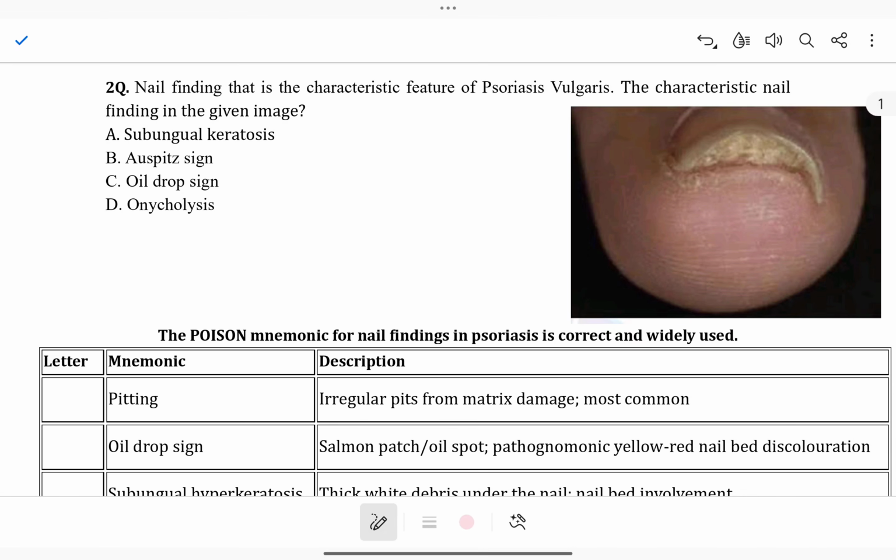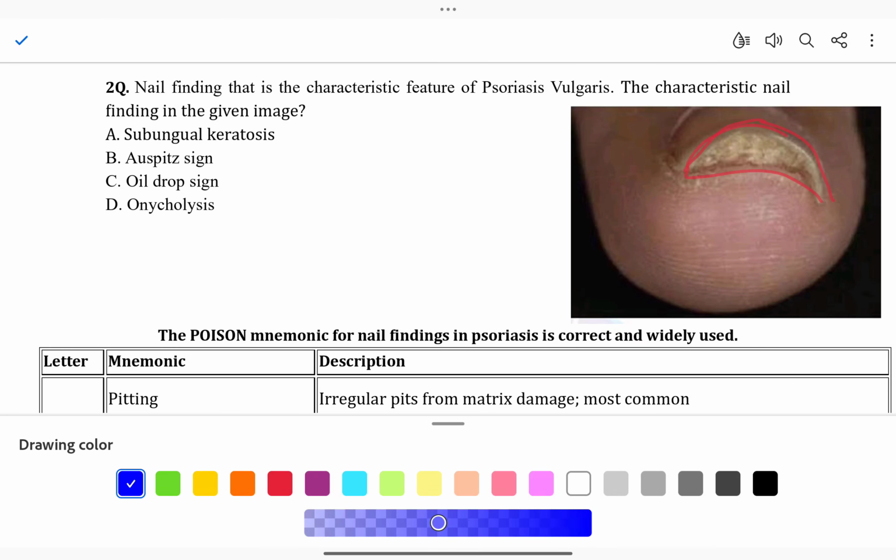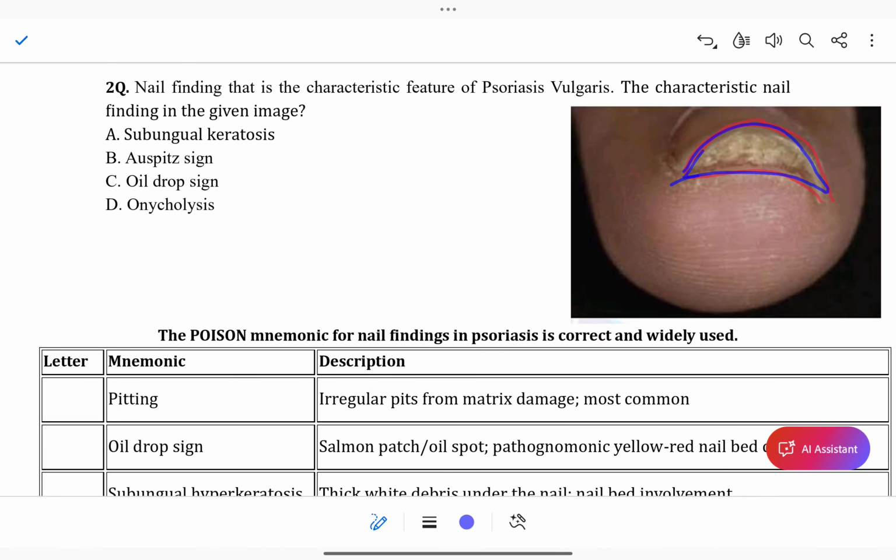Very good question. Very easy question, I hope. Before the question, pay your attention to the nail, the base of the nail. Question two: the nail finding that is the characteristic feature of psoriasis vulgaris.